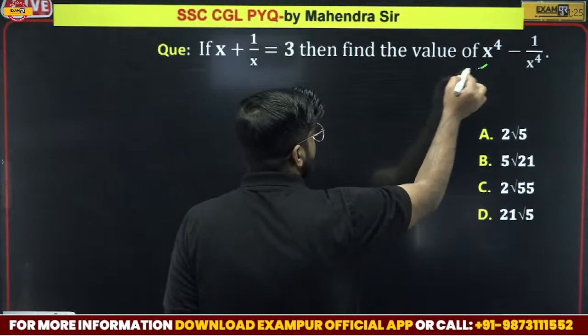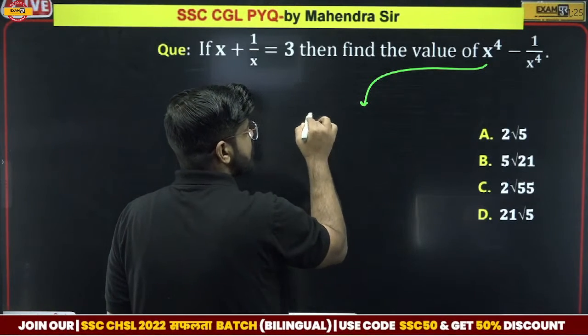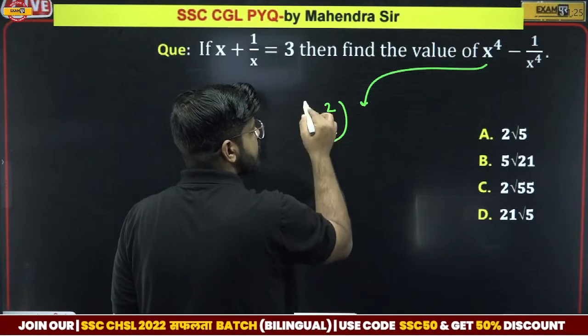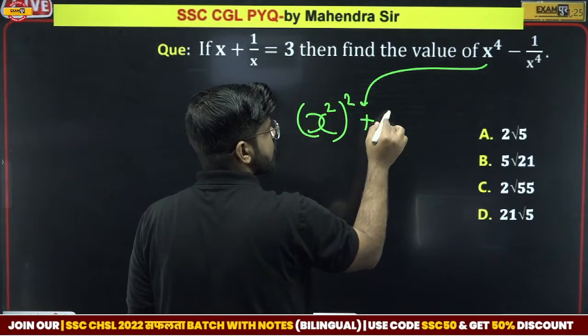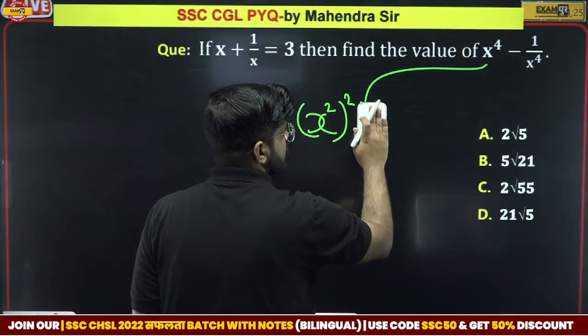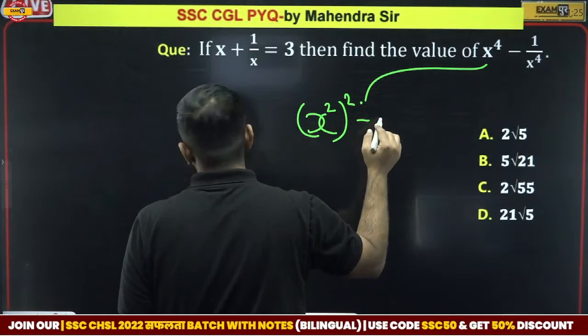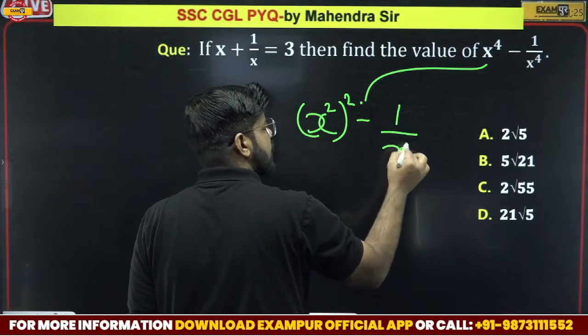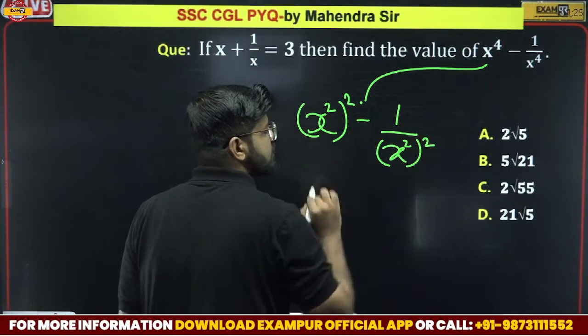First, discuss this thing. X to the power 4 can be written as x square whole square, and minus 1 upon x square whole square.